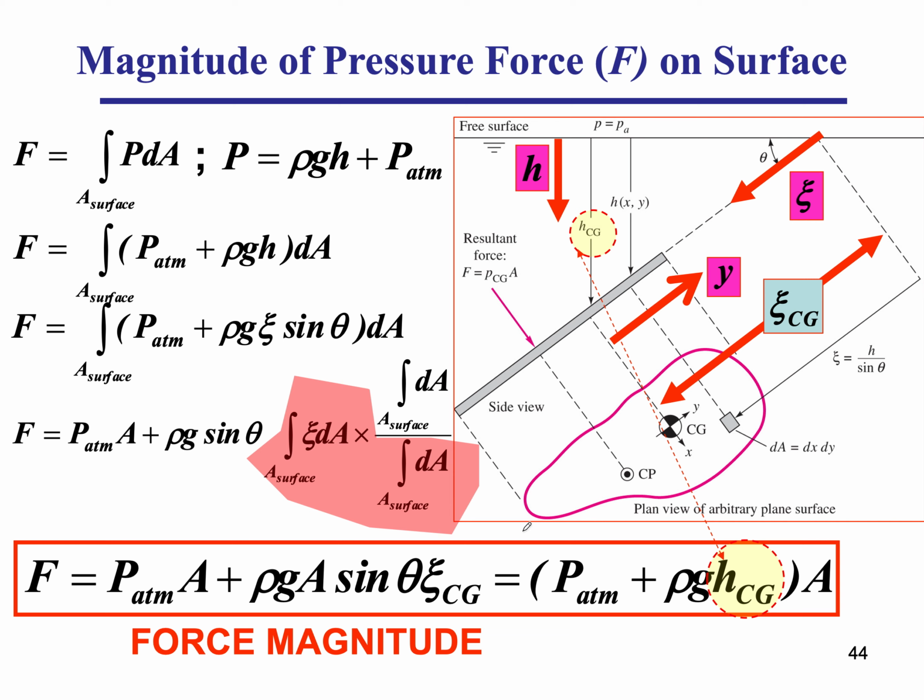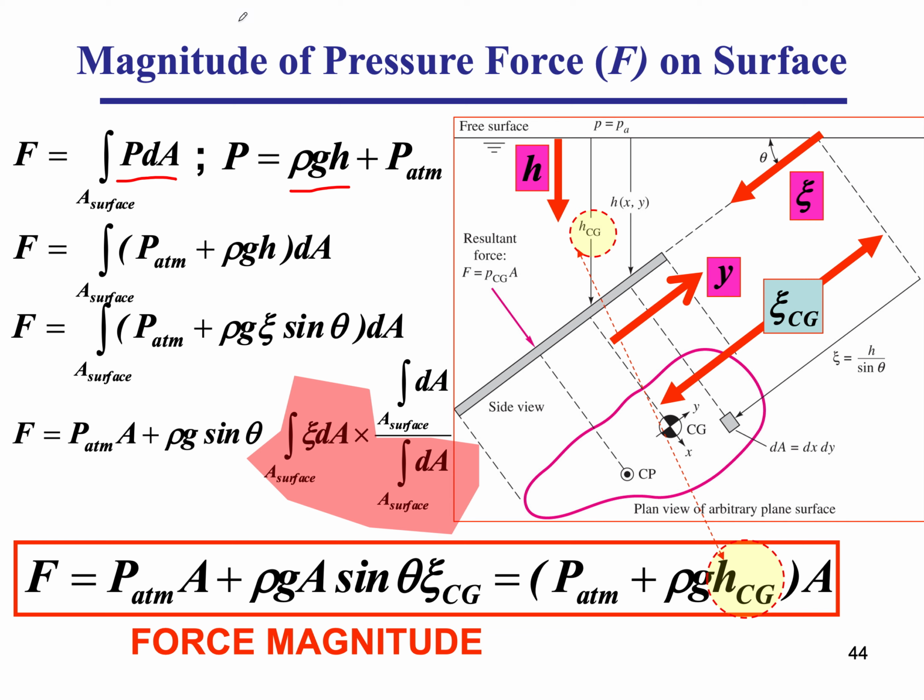Okay, so we've taken our elemental area. We have the pressure ρgh. So my F is just the summation of that elemental force P dA, with the pressure being ρgh. Now in this derivation, we want to do something different from what we did with the curved surface.